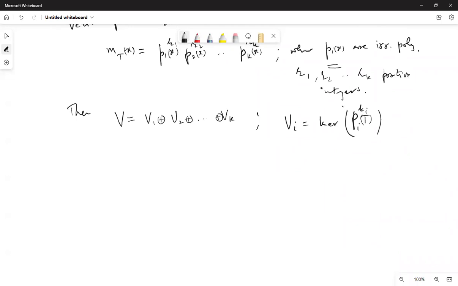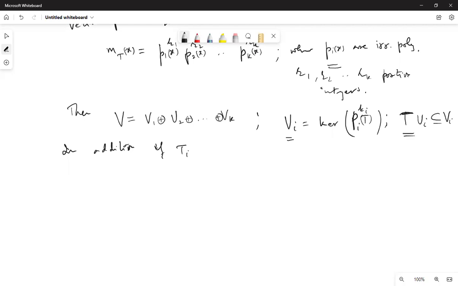Okay. Right. Further, in addition to this, these Vi are T invariant subspaces. T invariant subspaces are what? Those for which T of Vi is contained in Vi.